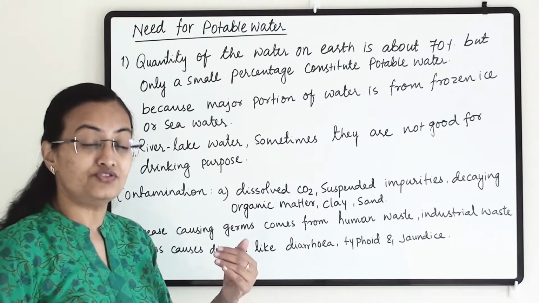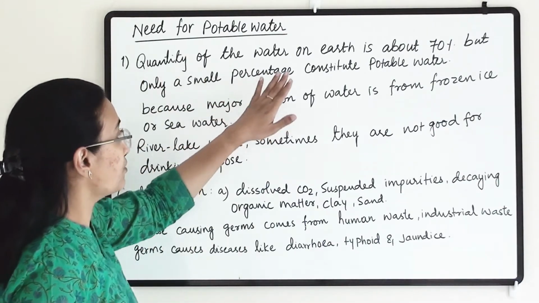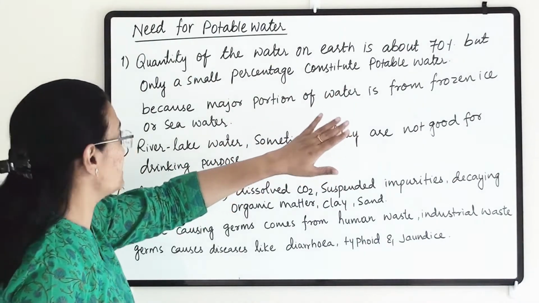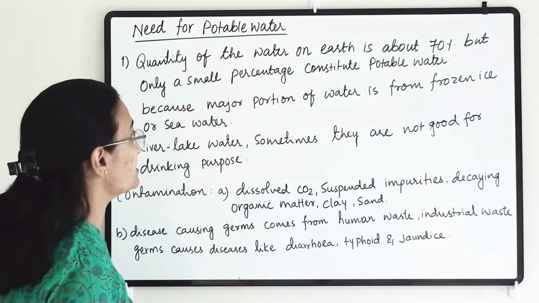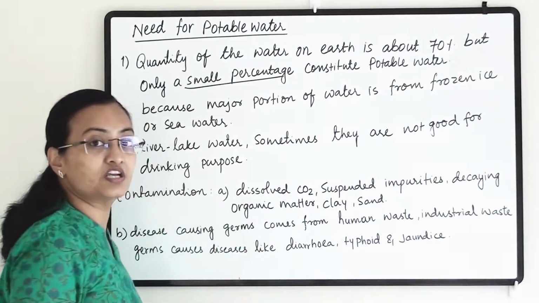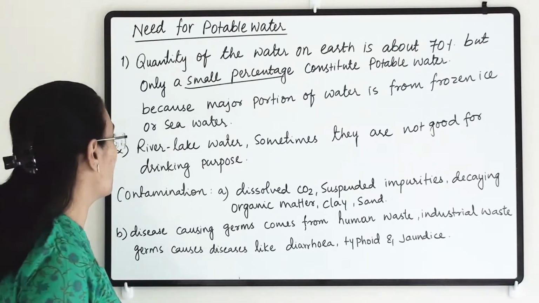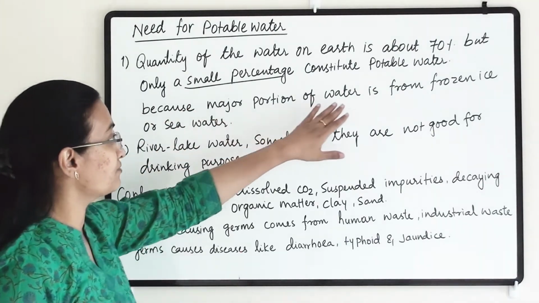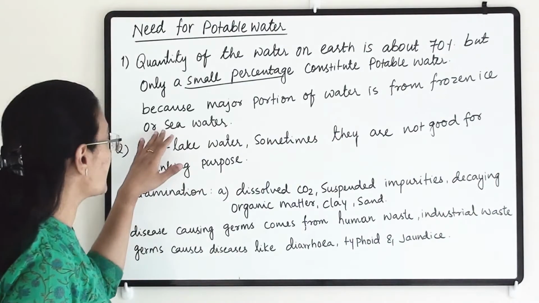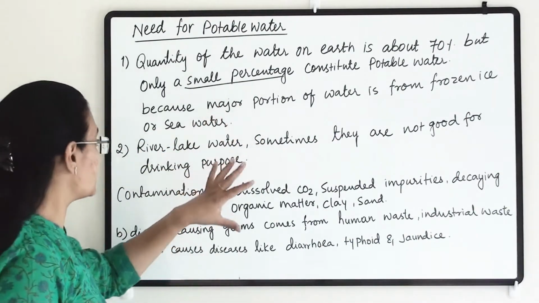So actual drinking water is very little. Only a small percentage constitutes potable water, because the major portion of the water is frozen ice or sea water, so it is not fit for consumption.